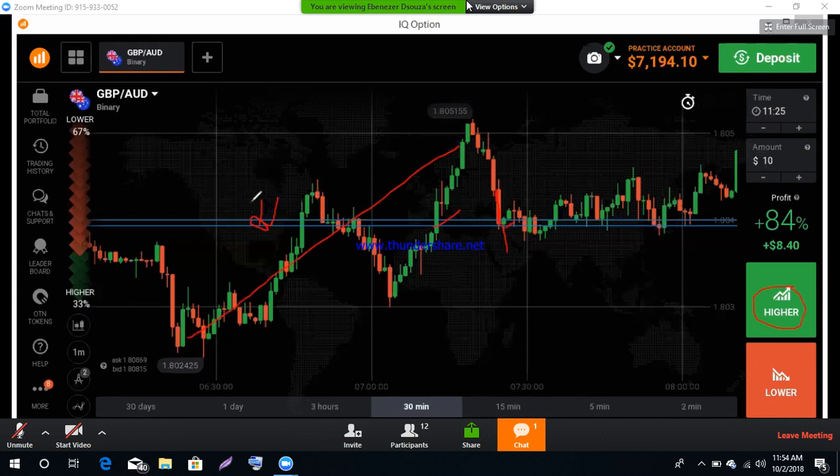It means it's better to avoid trading at this area, because by this point we can trade with higher option, by this point we can trade with lower option. So we can't take any decision after this candle. But this is a very strong candle. When market closes below the level, it means it will reverse. 90% of the time it will reverse, because this is a strong level.